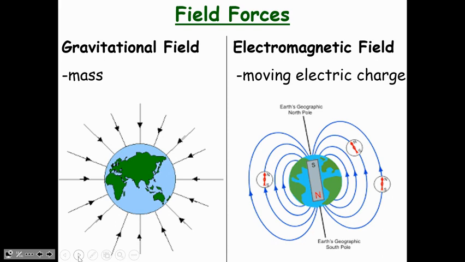You've heard before, opposites attract, likes repel. That's kind of referring to that electromagnetic force. And both of these are called field forces because they can be exerted without direct physical contact. So in both cases, the objects don't actually have to be touching to experience these types of forces.